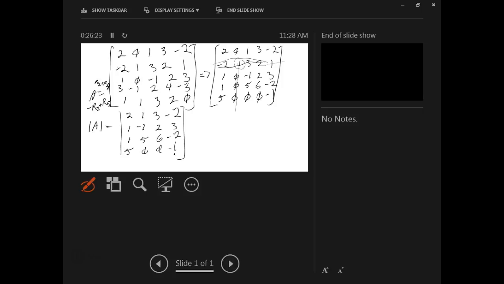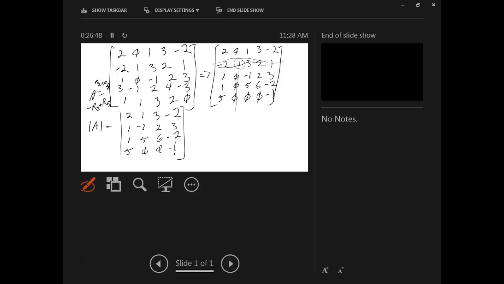It's cold, my nose is clogging up on me now, sorry. I am having trouble seeing something here. Okay, we added the second row to the fourth row.